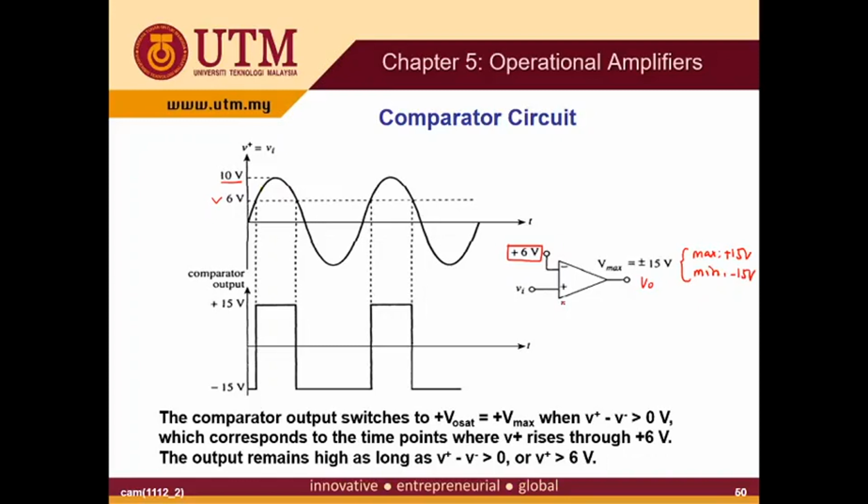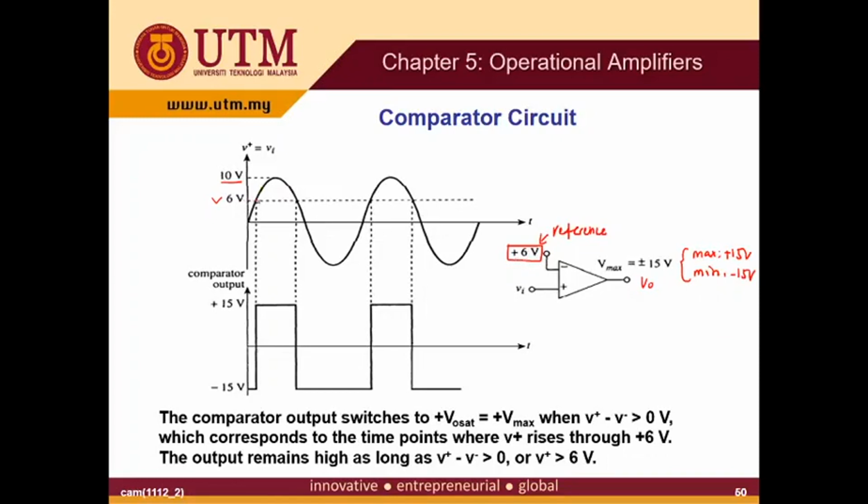The input signal is a variable parameter. The input port with the fixed value, in this case, is V minus. V minus is the fixed value, so this is your reference, or I call it V reference. So 6 volt is your V reference.